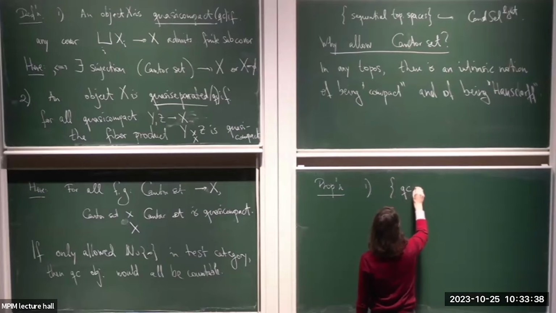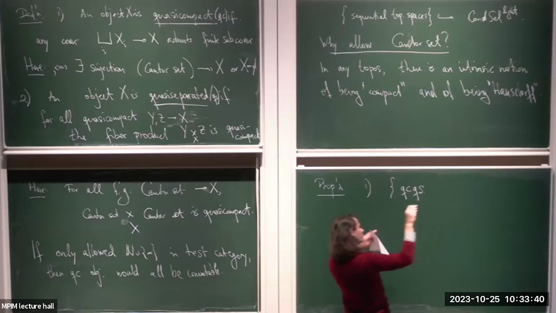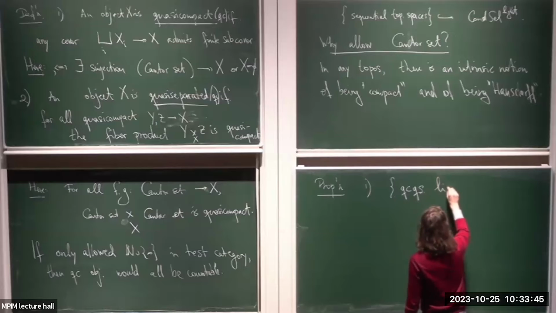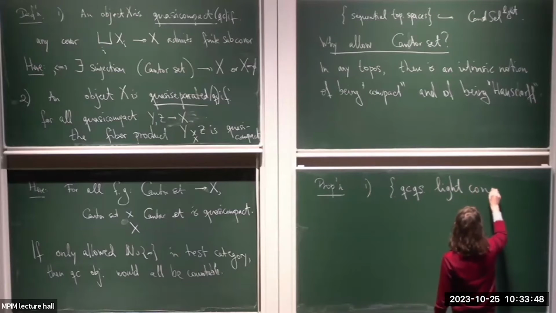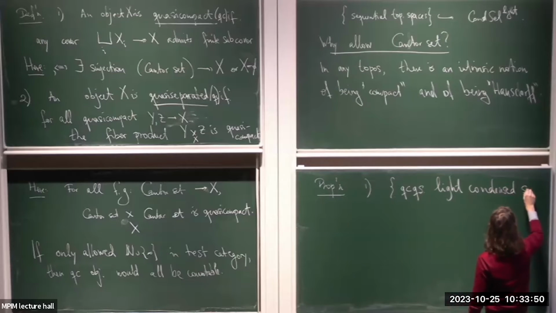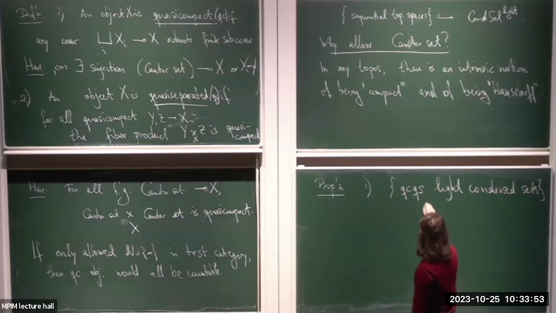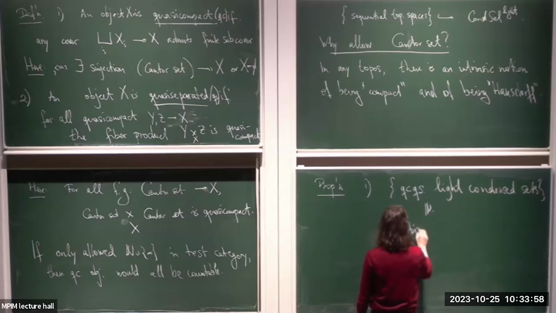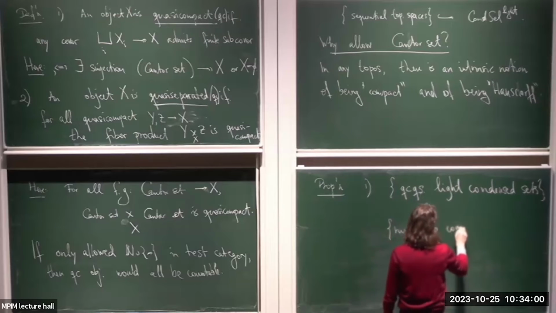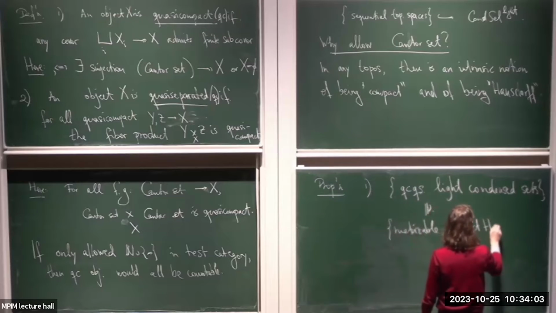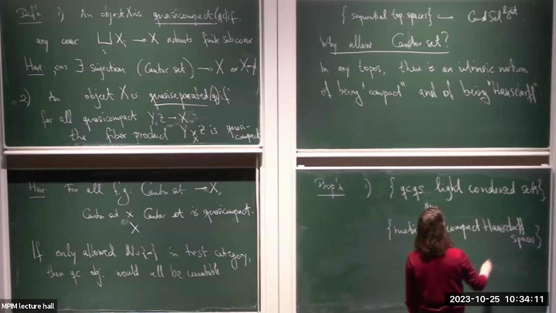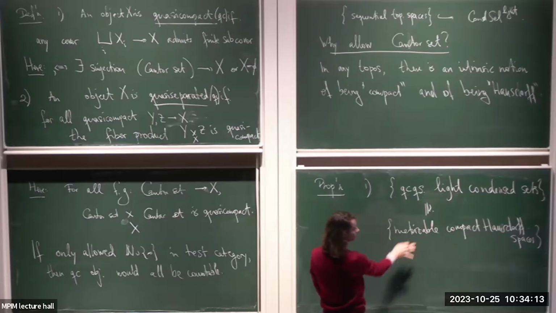So you can wonder what are the compact Hausdorff light condensed sets. And these are actually precisely the metrizable compact Hausdorff spaces. And if I were to remove light here, I would remove metrizable here.